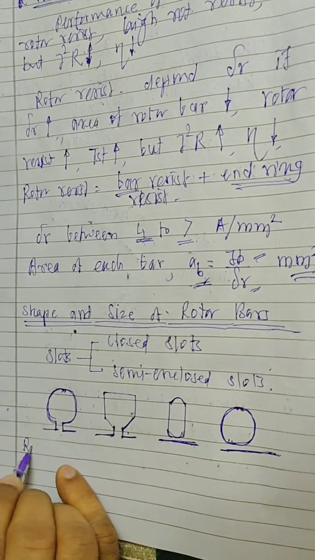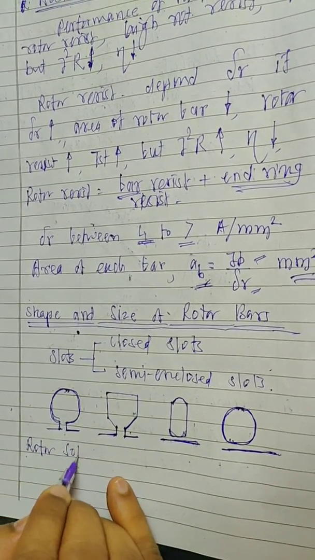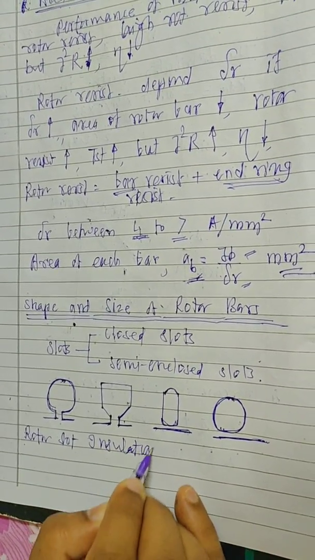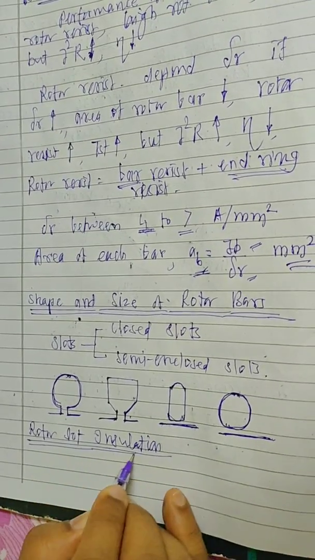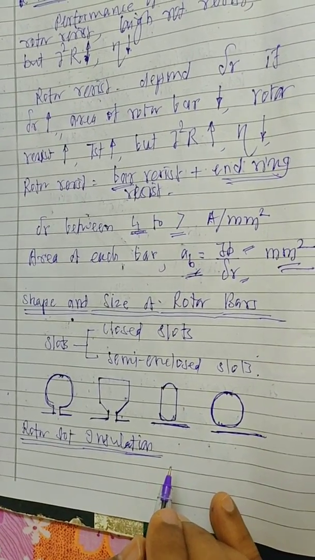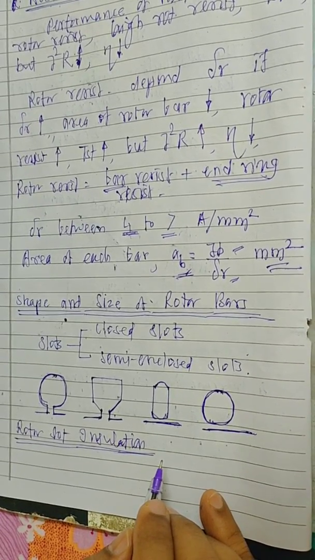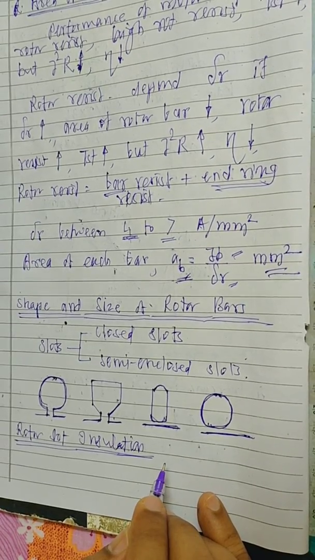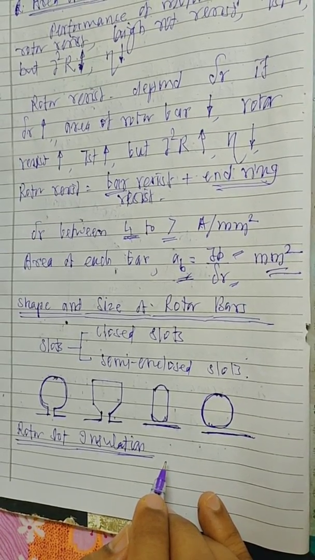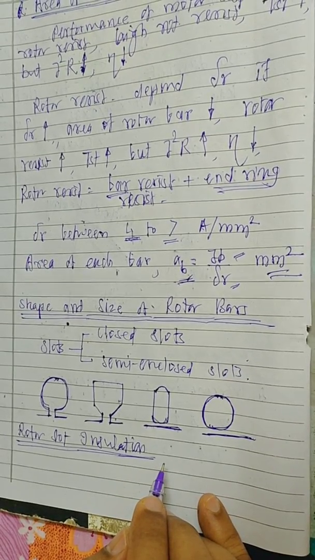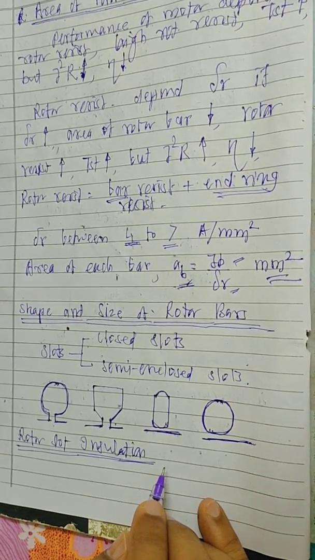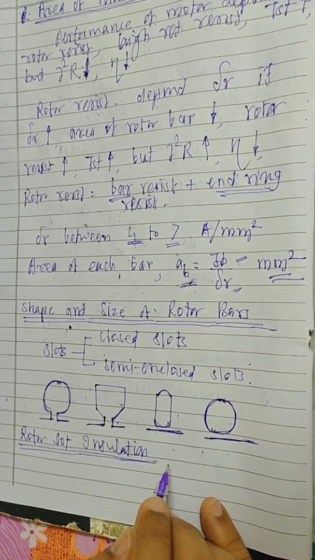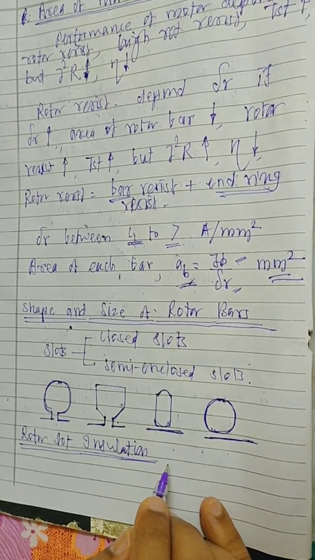Next point is rotor slot insulation. No insulation is used between rotor bars and rotor core. A small clearance of about 0.15 to 0.4 mm is kept between the rotor bars and the core depending on whether the slots are skewed or not.